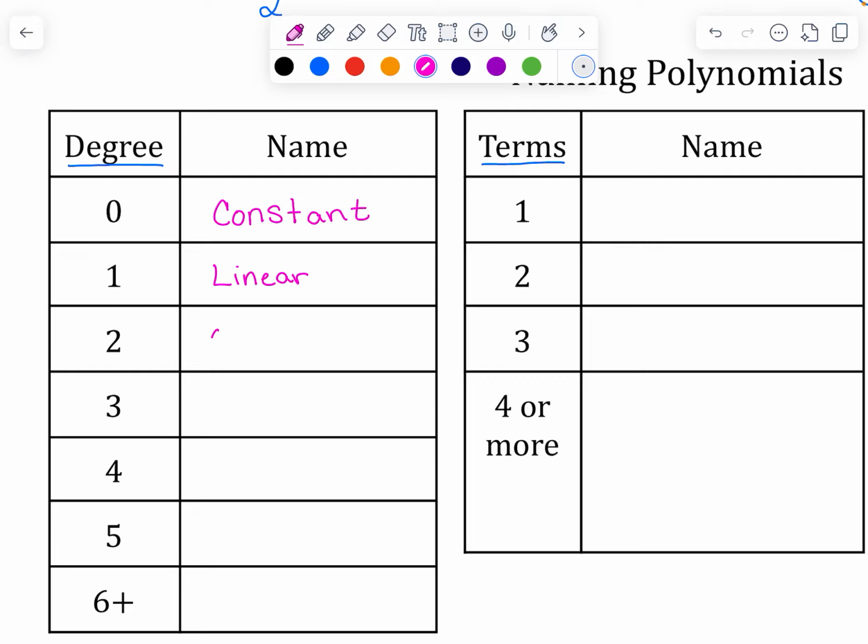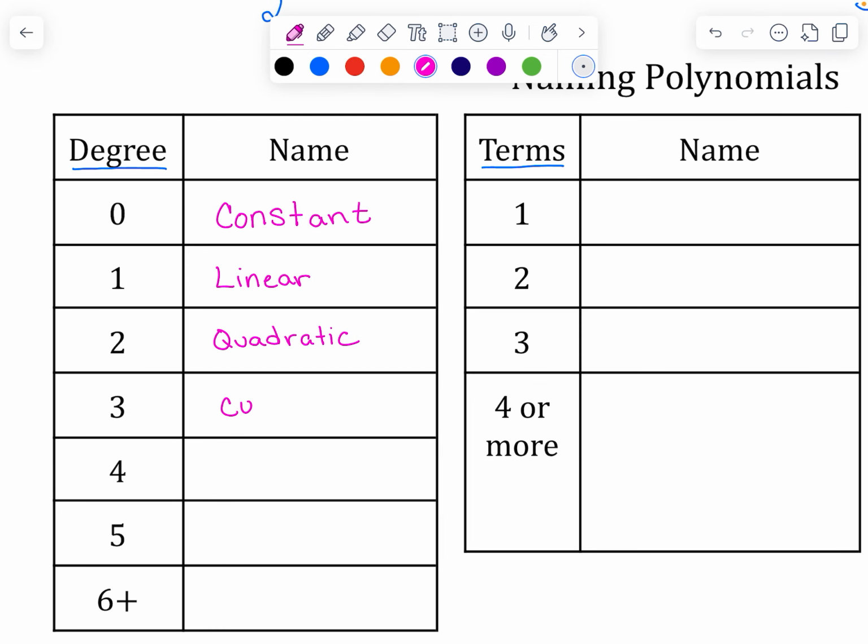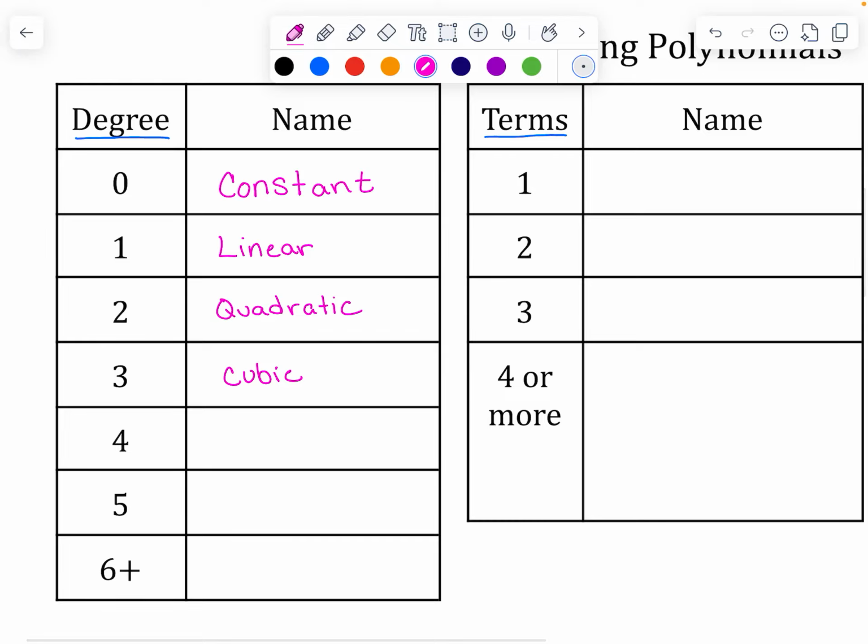Degree of 2 is going to be quadratic. Degree of 3 is going to be cubic. If you cube something, it's raising it to the third power. A degree of 4 is going to be quartic.